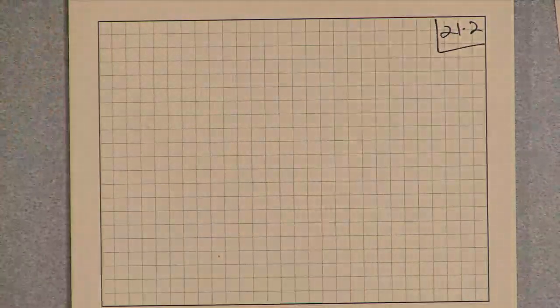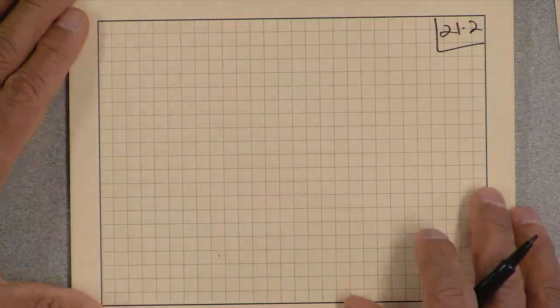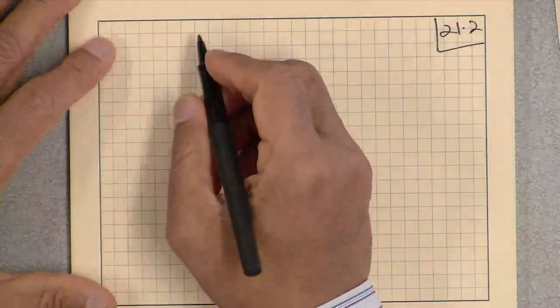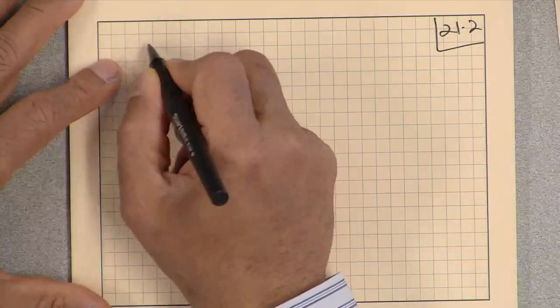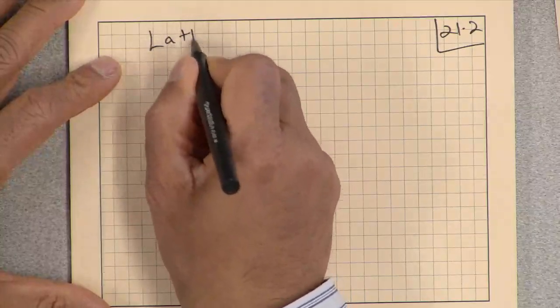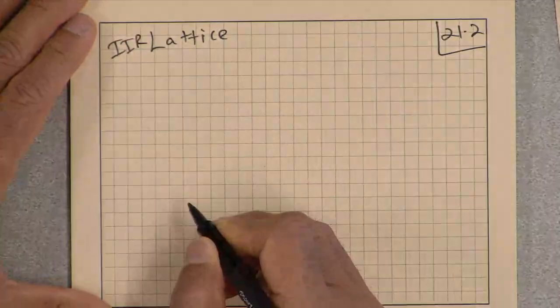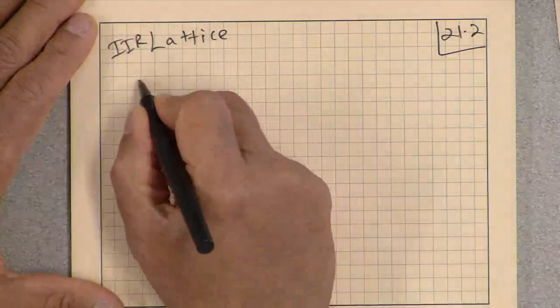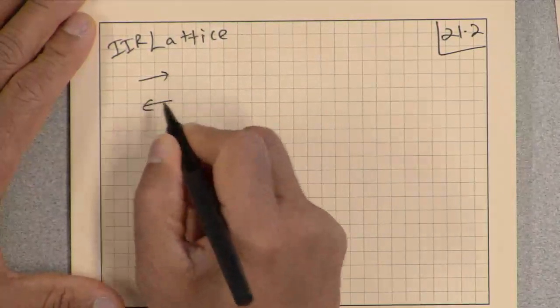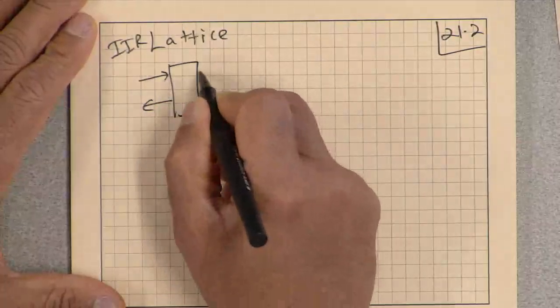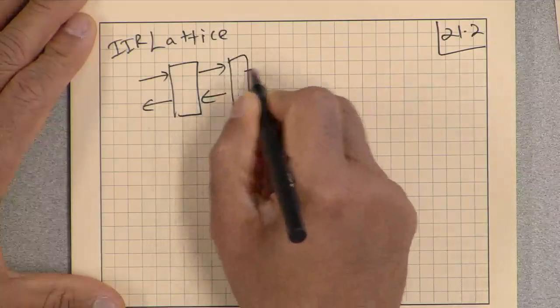Okay, so what is this process of degree reduction and the lattice structures? Think about what an IIR lattice looks like.